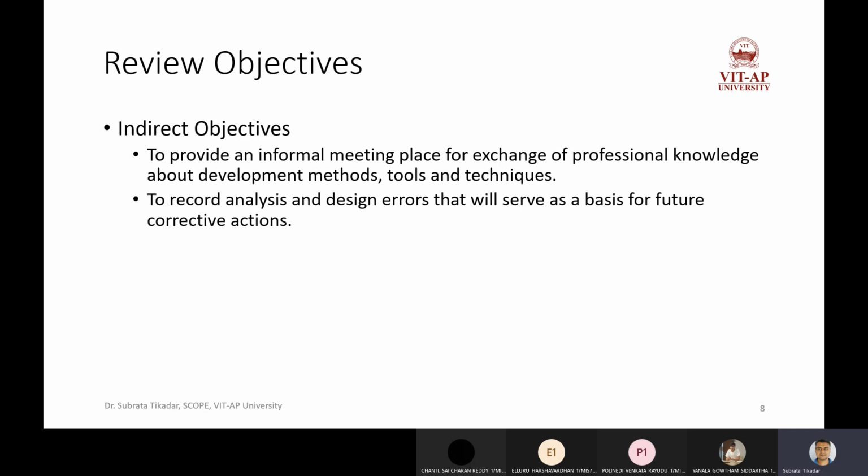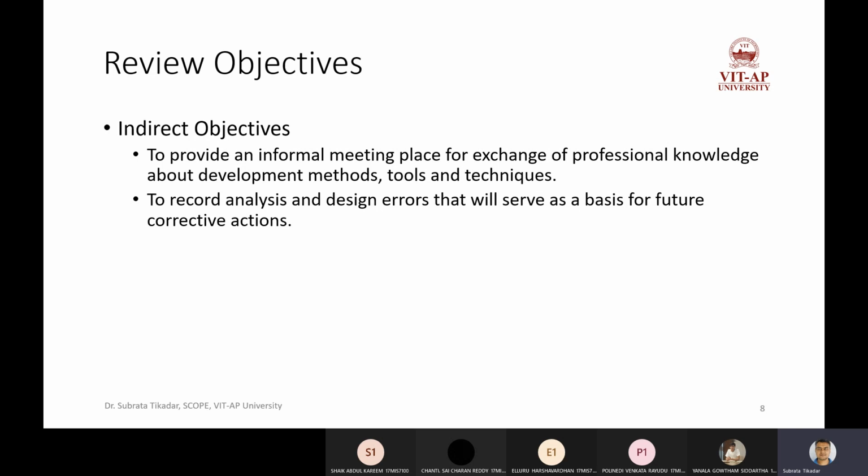The indirect objectives are majorly these two. Number one is to provide an informal meeting place for the exchange of professional knowledge about development methods, tools, and techniques. As many experts are there, through this meeting we may have an exchange of professional knowledge and expertise that will help us develop our future projects in a better way.